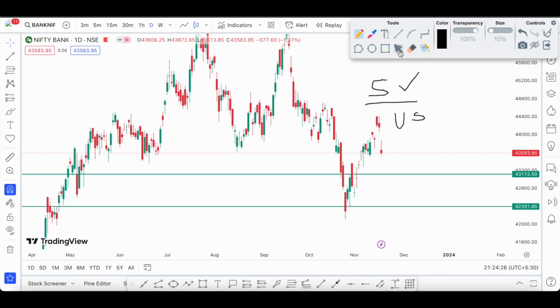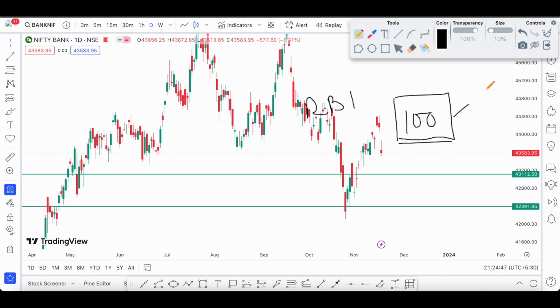For these loans, what used to happen previously, let's say 100 rupees is what a bank or NBFC is lending you. Of this 100 rupees, RBI used to say you can borrow 92 rupees from any other bank or any other source and give it to the customer.